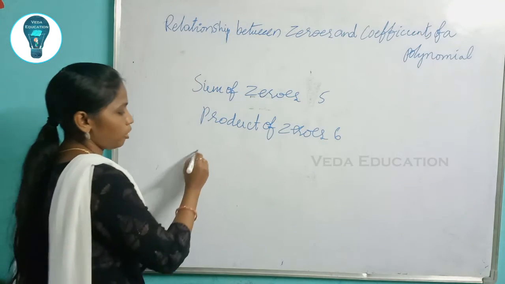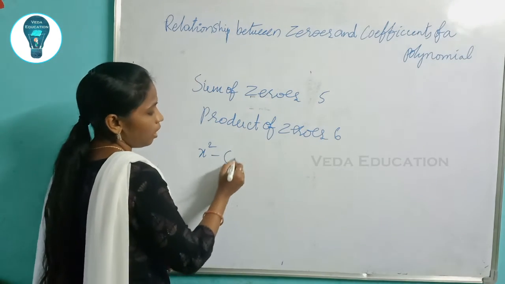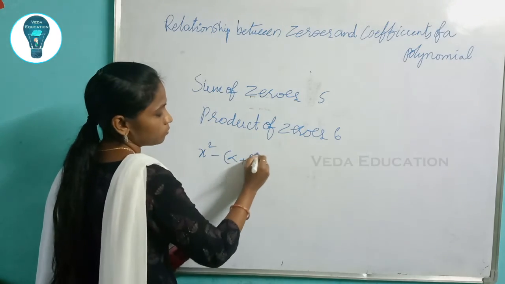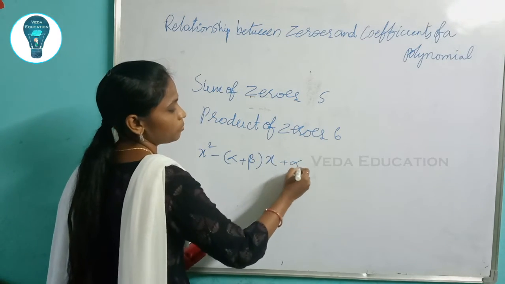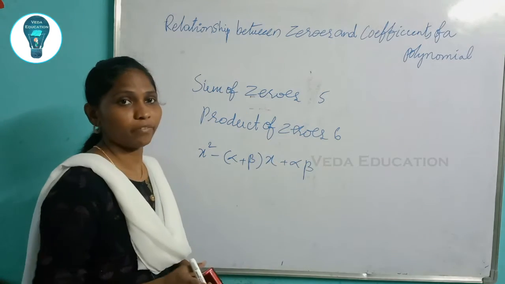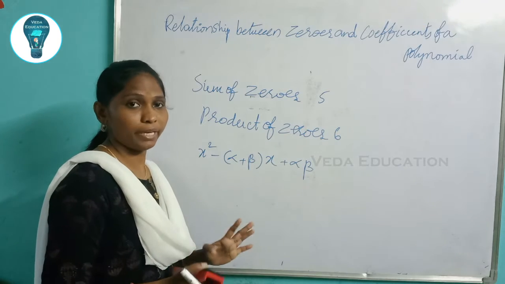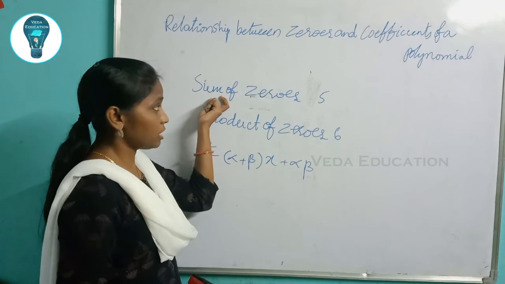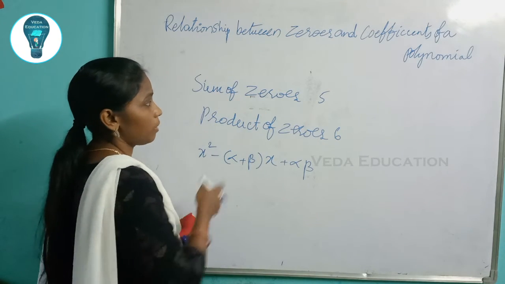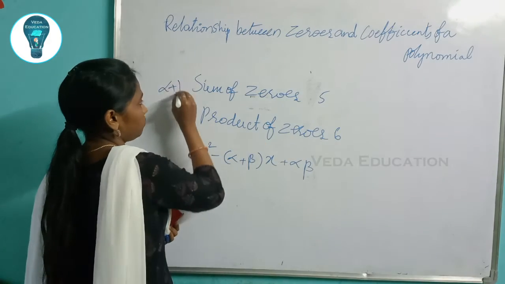What is the quadratic polynomial formula here? X square minus alpha plus beta x plus alpha beta. In the previous case they gave us alpha and beta separately. Now they have given the sum of zeros, and the sum of zeros means alpha plus beta.